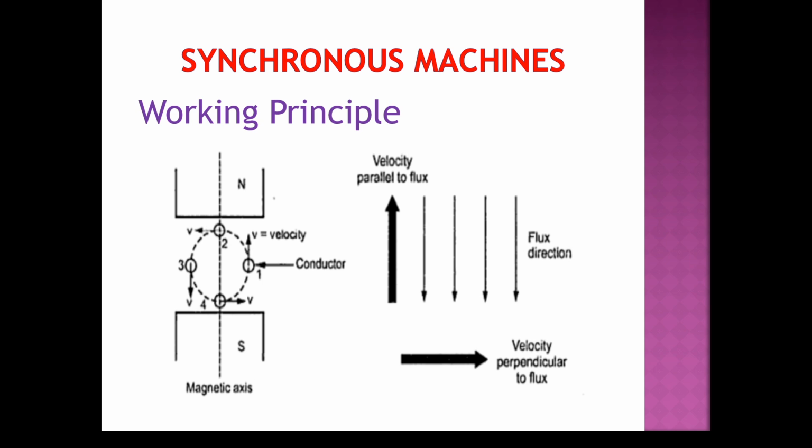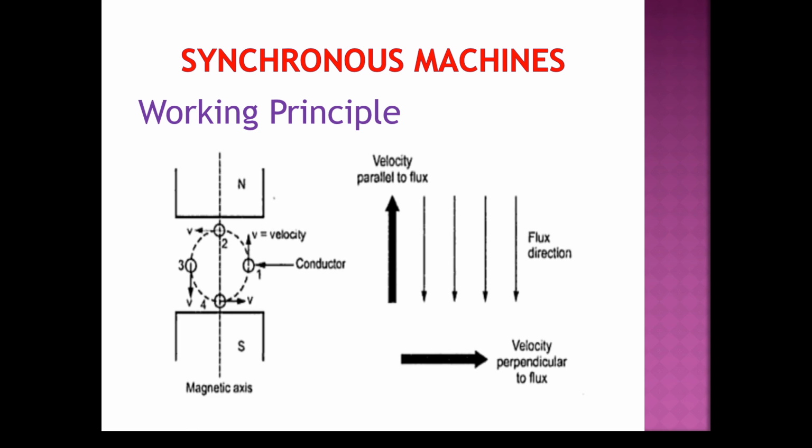When the conductor is parallel or perpendicular, we can see that the EMF induced is minimum or maximum. At one position, the entire velocity component is parallel to the flux, so there is no cutting of the flux, and the rate of change of flux with respect to time will be 0. So no EMF will be induced at position 1.